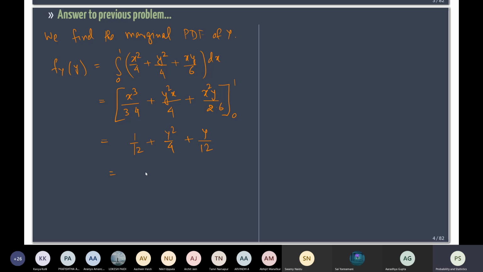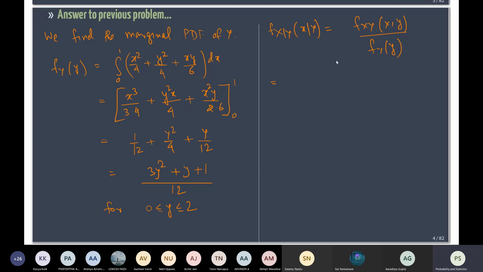So this will be (3y squared plus y plus 1) by 12, and all this is for the valid range of y, which was already given to us. So this marginal we found, and our goal was to find the conditional, which was given by f_XY(x,y) divided by the marginal f_Y(y).